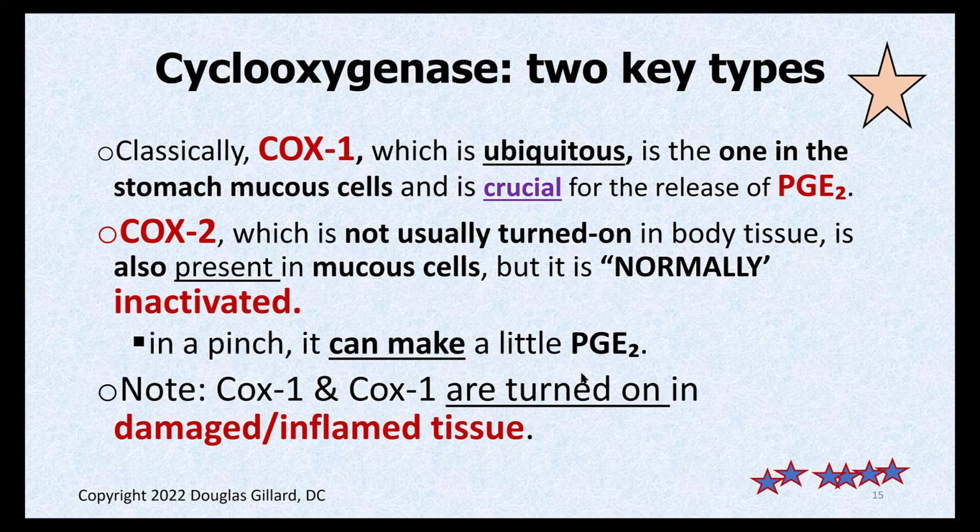It can wake up if COX-1 is blocked enough, but it's usually not. Okay, so in a pinch, it can make a little PGE2 if you're taking a COX-1 inhibitor, for example. COX-1 and COX-2 enzymes are always turned on in inflamed and damaged tissue.